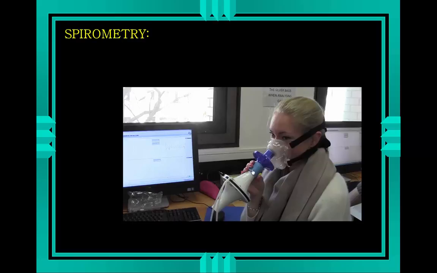She's breathing into a spirometry measure, which looks at the changes in pressure when she's breathing and converts that to a trace on the screen. So you can see that the trace on the screen indicates changes in pressure and volumes as somebody is breathing. This is the process by which we can measure what's going on.